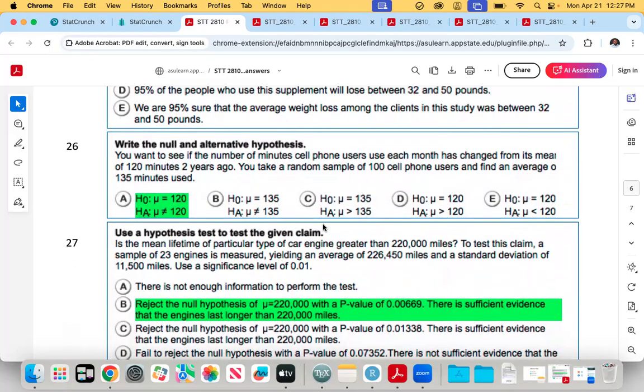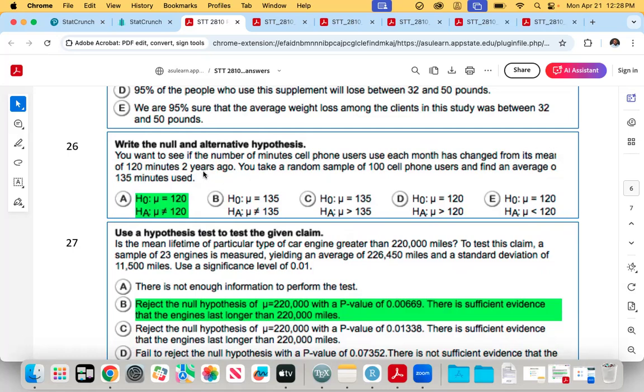26 says that we should write the null and the alternative hypothesis. We want to see if the mean number of minutes cell phone users use each month has changed from its mean of 120 minutes 2 years ago.